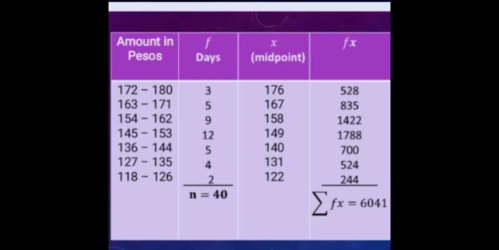The third step that we will do is to find the values for the column fx. So we will just multiply f or days or the frequency by the midpoint. So fx now is 3 times 176, and that is 528. 5 times 167, so that is 835. 9 times 158, and that is 1422, and so on.